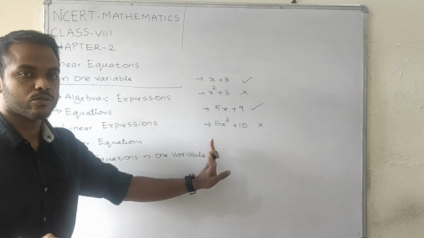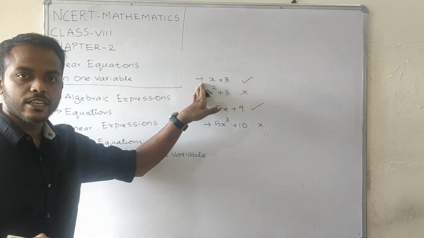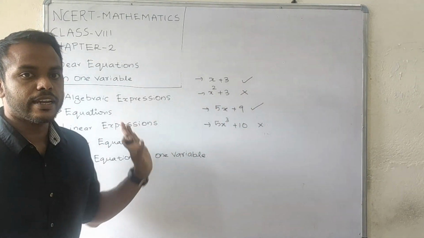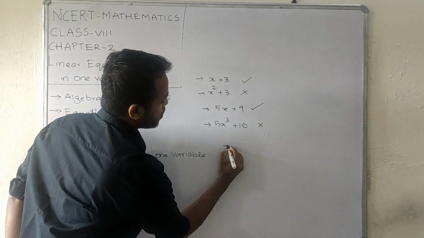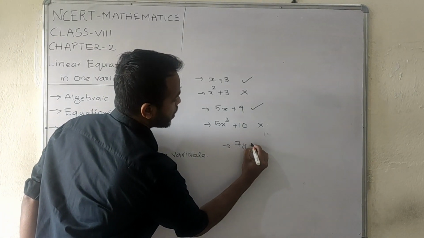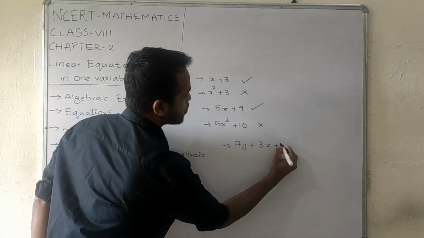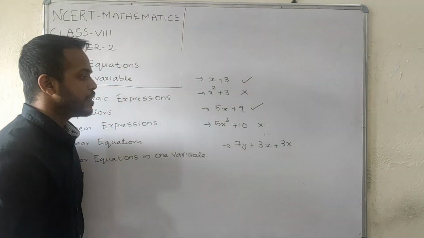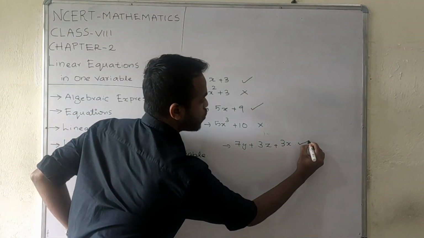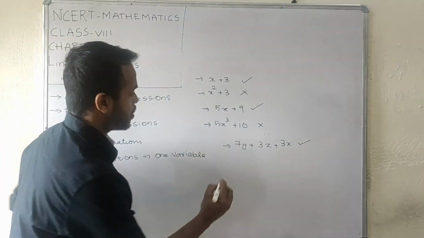I think you have understood what is the difference between a linear expression and what is not a linear expression. Another example, 7y plus 3z plus 3x. This is clearly an example of a linear expression.